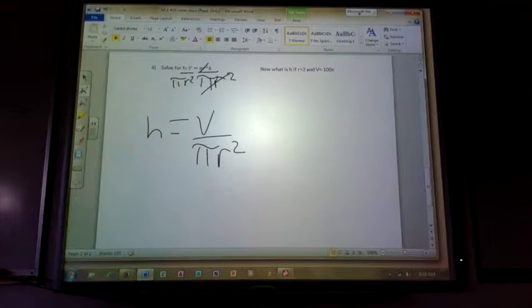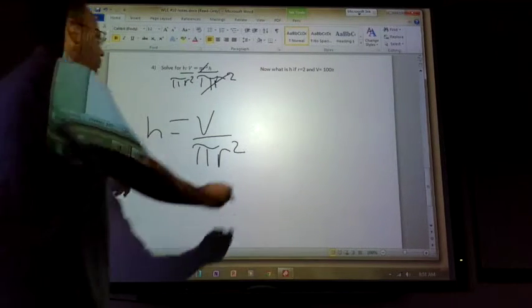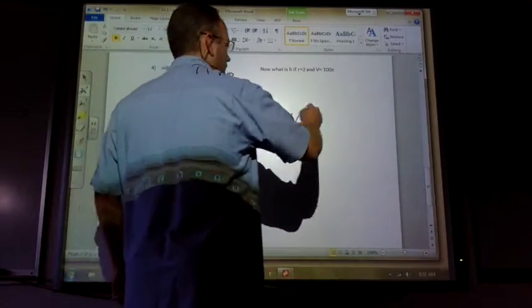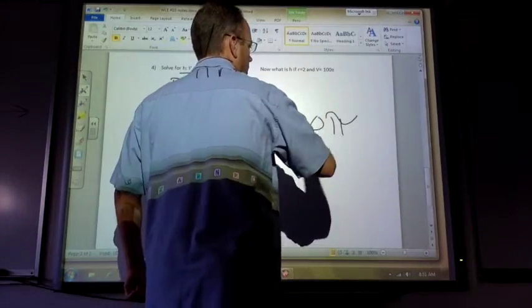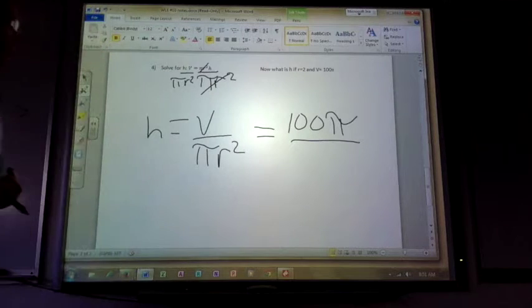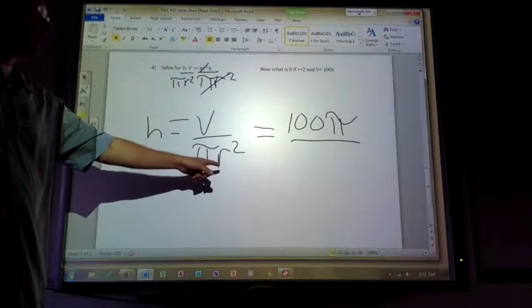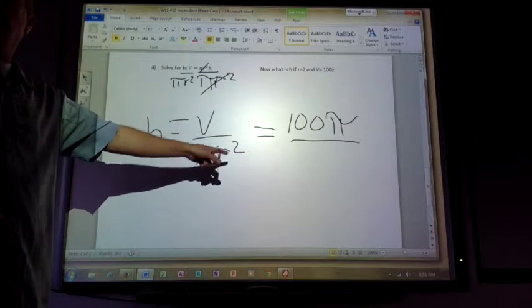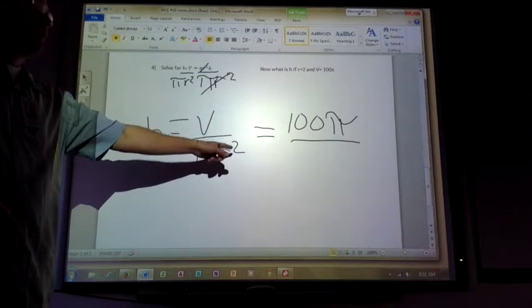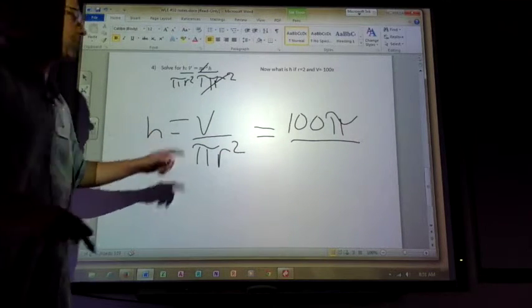Now, what is h if r is 2 and V equals 100 pi? Okay, so if V is 100 pi, and r is 2, so if I plug 2 in, what do I get? 4 pi.